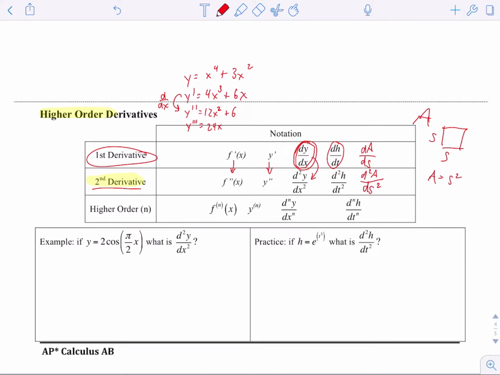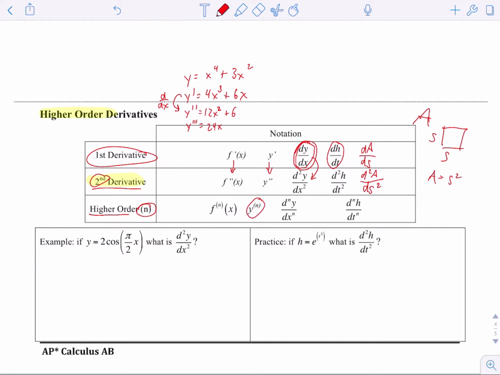Well, let's talk about what if we have more than a second derivative. What if we have a higher order, like an nth derivative? Okay, this is how you would write the nth derivative. Let's say I wanted to find the 10th derivative of y. You wouldn't write 10 hashes like that. Instead, you would write it like this.